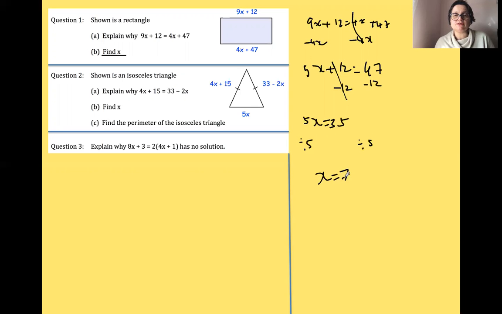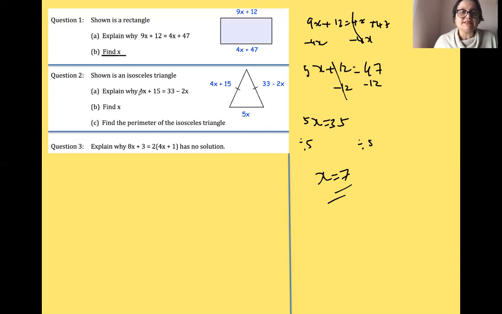But does the question want us to find x? Yes, just find x. But they might say, what is the length of this side? So how long is the rectangle? Be careful what it says, because you might lose marks for no reason. In this case, it says find x, so leave it there.